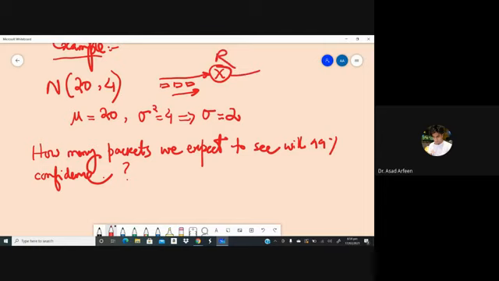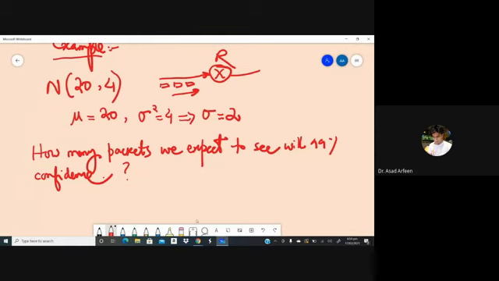The packets are coming, and you can see that we can use the continuous distribution here. It can also be used in discrete cases, because in this case they are using it in a discrete manner. The 20 is the mean value of the number of packets in 1 second, and 4 is the variance of the number of packets during a 1 second interval.